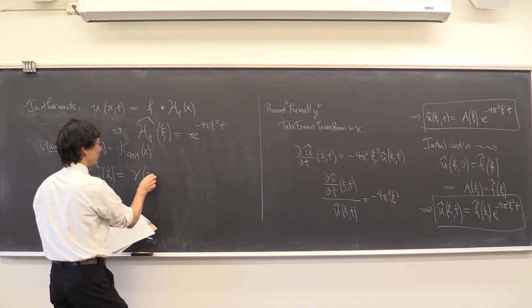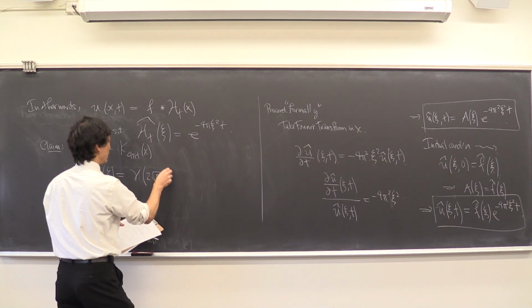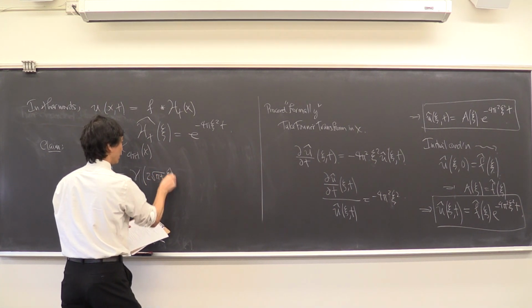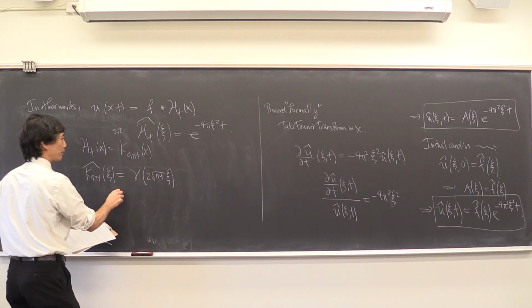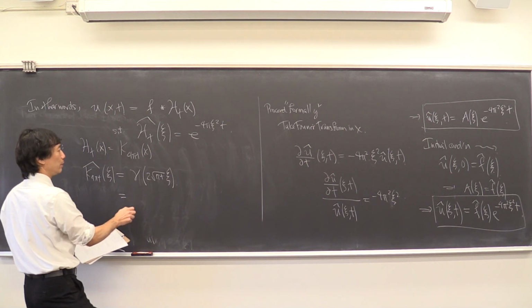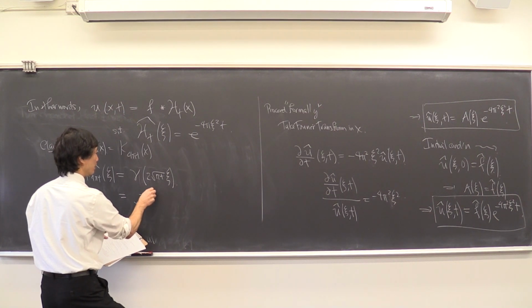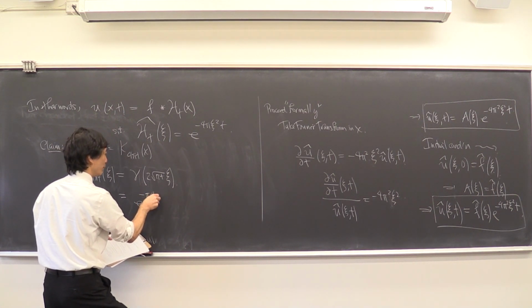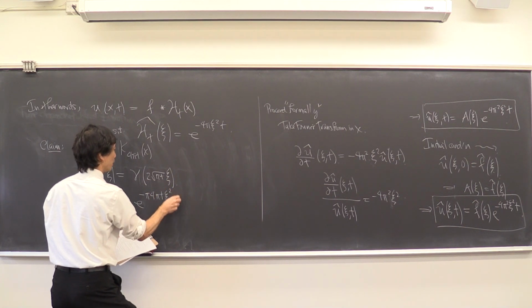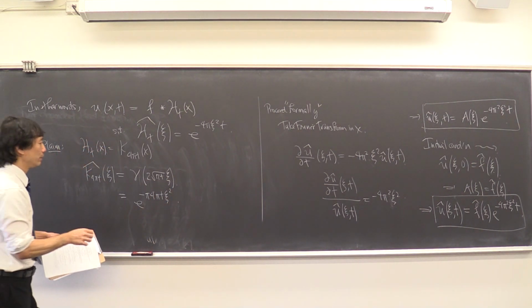So we get 2 square root of pi t xi, which is just e to the negative pi, 4 pi t xi squared, which is what we want.